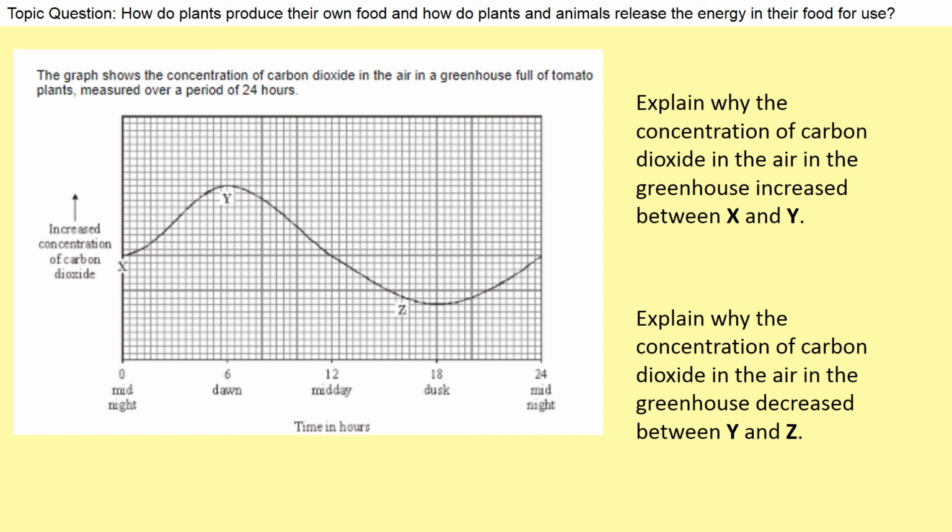It tells us about what time of the day it is. So from that you need to work out whether it's going to be light or dark. And then from that, why are concentrations of carbon dioxide changing? So it's asking you about the changes between X and Y, and then the changes between Y and Z. Just have a think about what's taking place there.